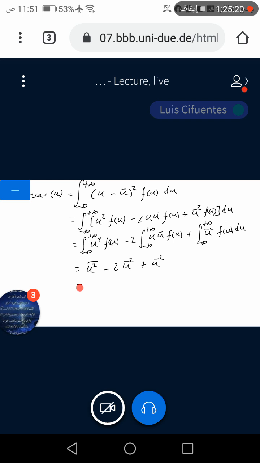Solving this, we have just the mean value squared minus this mean value here.